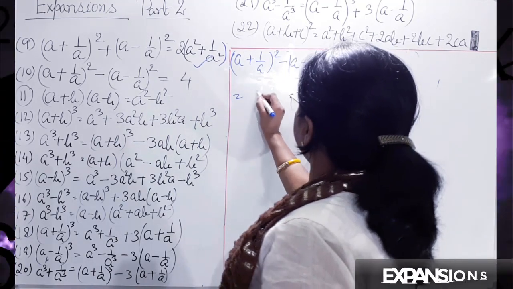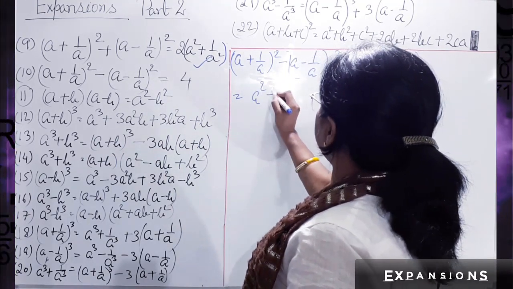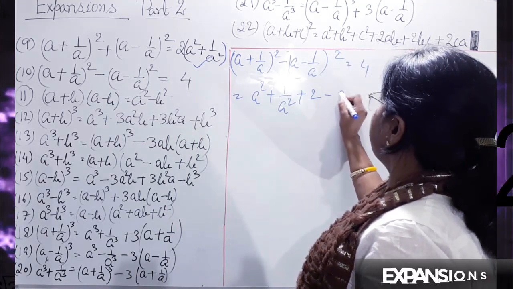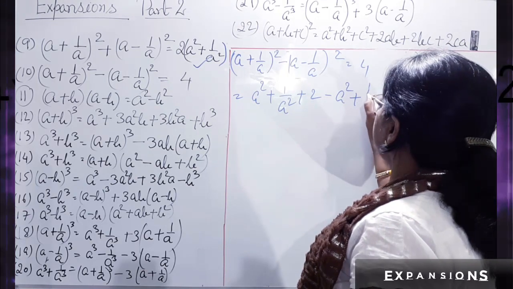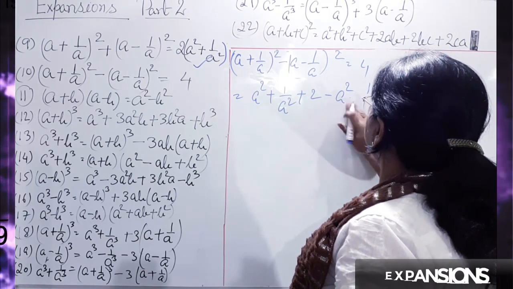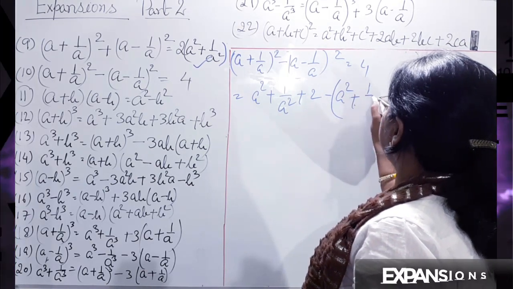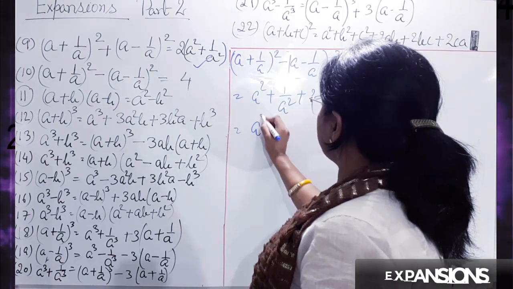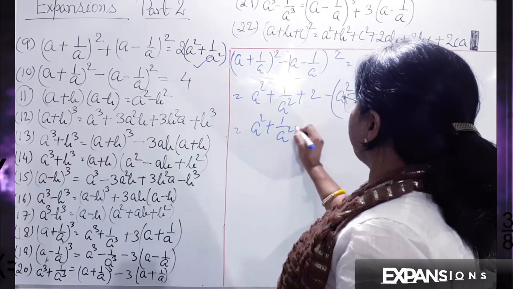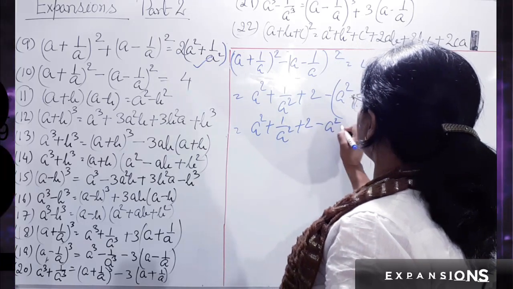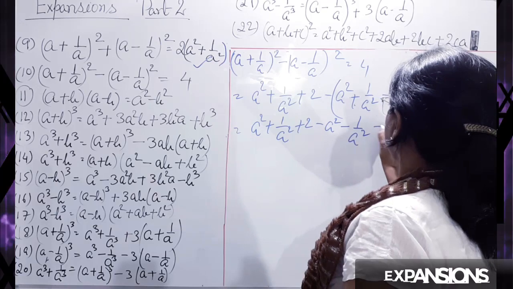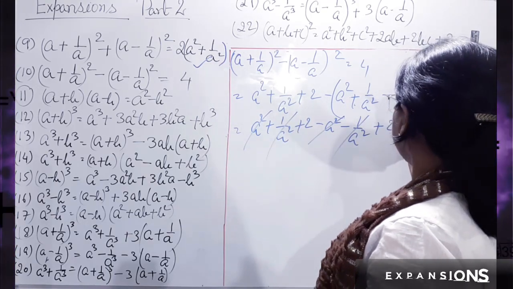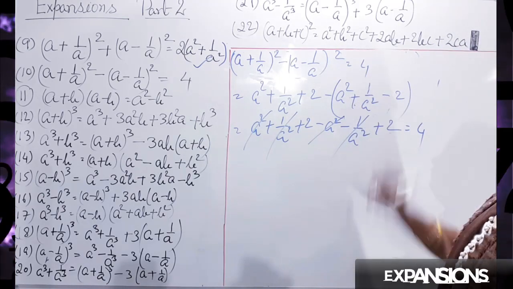Then you can prove it. a square plus 1 by a square plus 2, minus, you can write their bracket, a square plus 1 by a square minus 2, is equal to a square plus 1 by a square plus 2 minus a square minus 1 by a square plus 2. Now a square and 1 by a square cancel and 4 is your result.